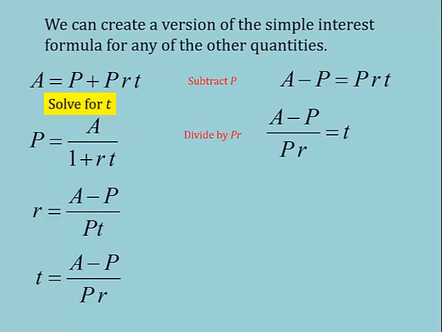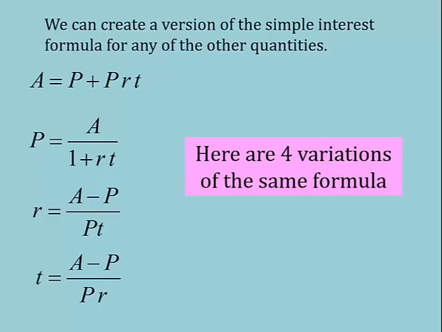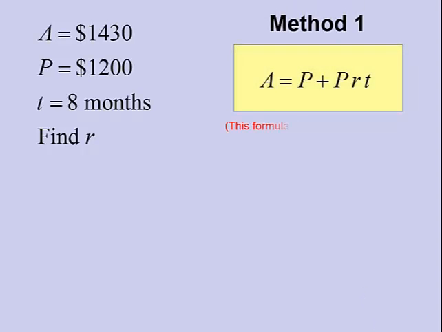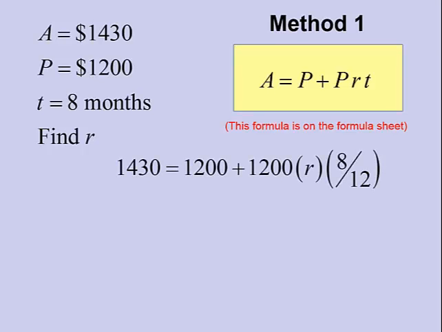Now let me show you in the basic sense how we can work some problems with this. For example, in this problem, we're given the A, the P, and the T, and we're asked to find the R. Now, one way of doing that is to take the straight formula that's on the formula sheet and substitute the quantities that we know. So we'll substitute the 1430 for the A, 1200 in both spots where the P is.